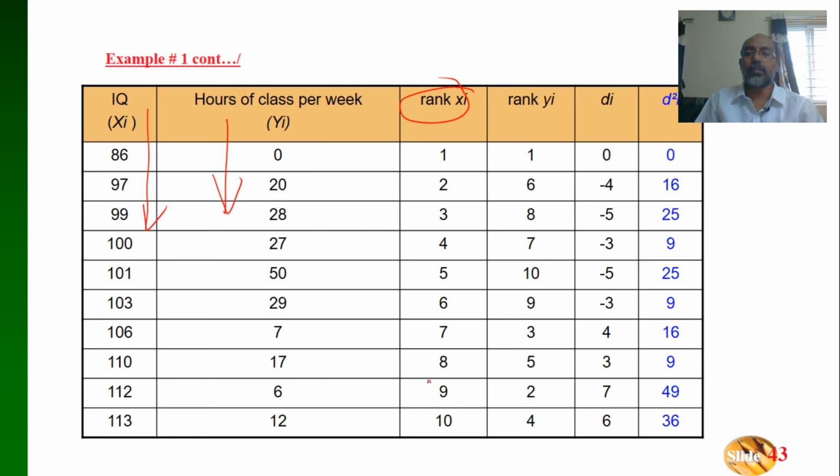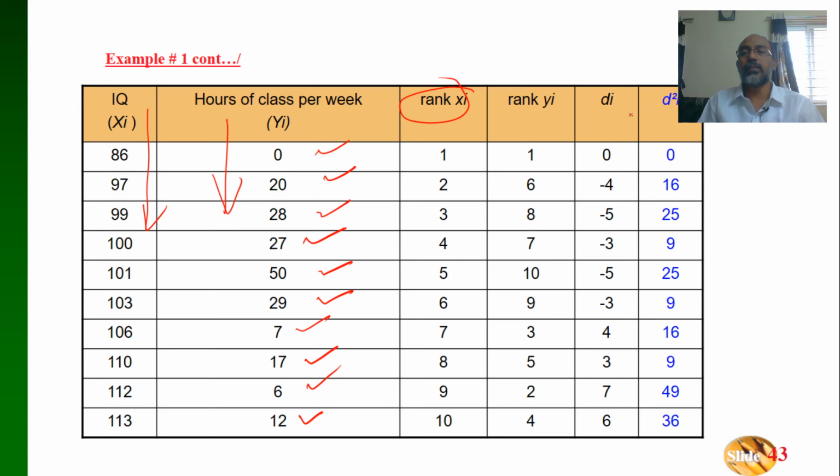The next least number is 7, then 12, 17, 20, 27, 28, 29, and the last value is 50, which is given the 10th rank.